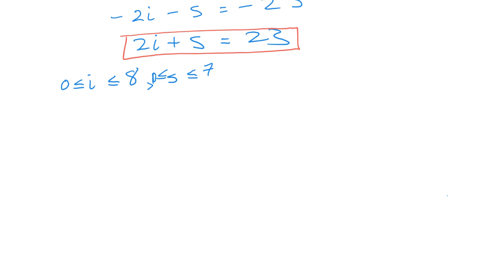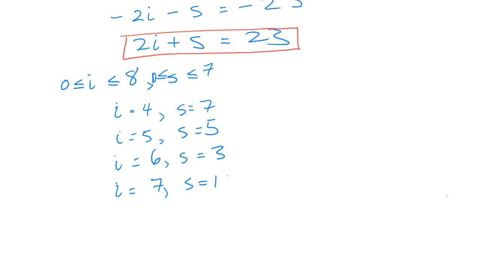And now, here are the 4 sets of numbers that we have. i equals 4, s is 7; i equals 5, s is 5; i equals 6, s is 3; i is 7, s is 1. And this is all found by simply trial and error.